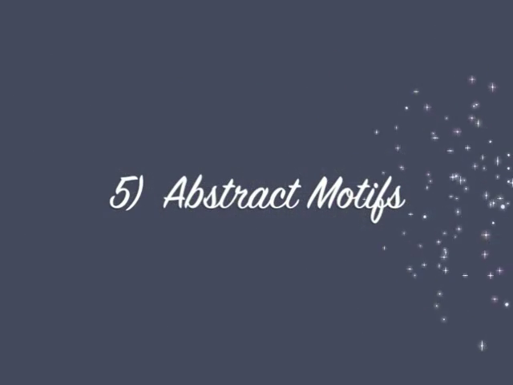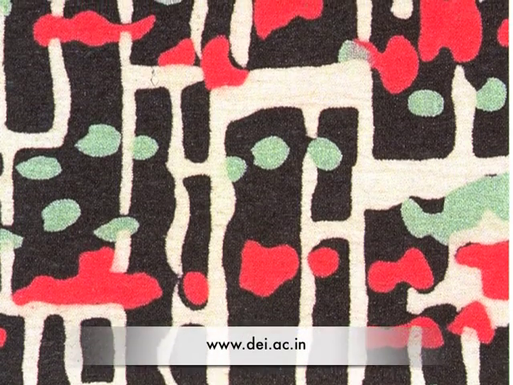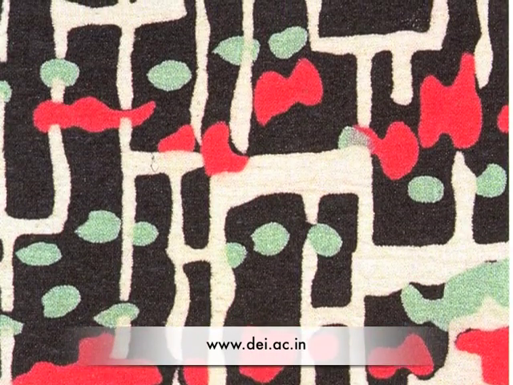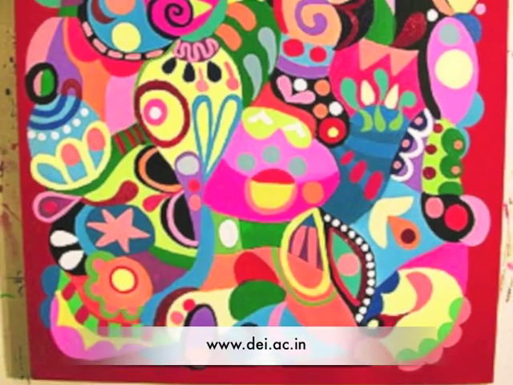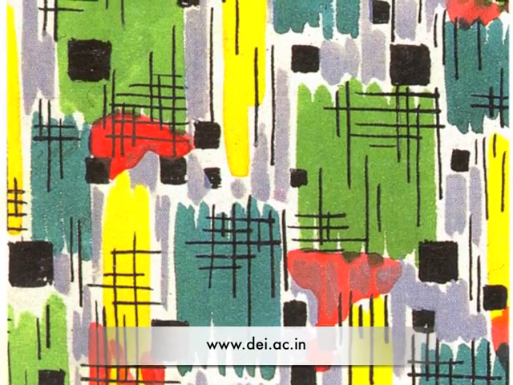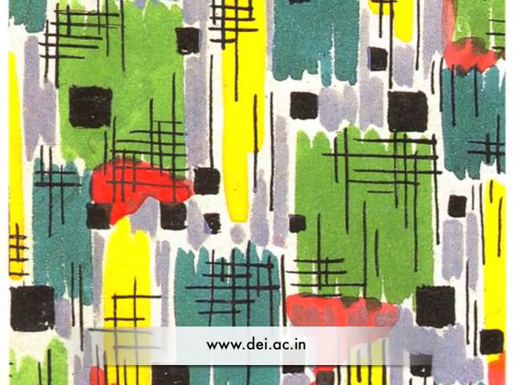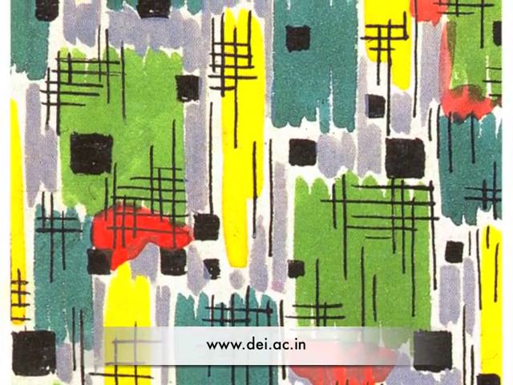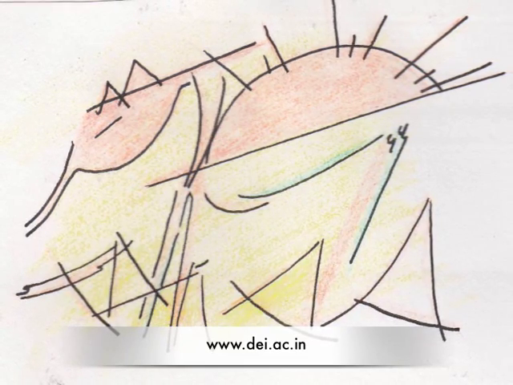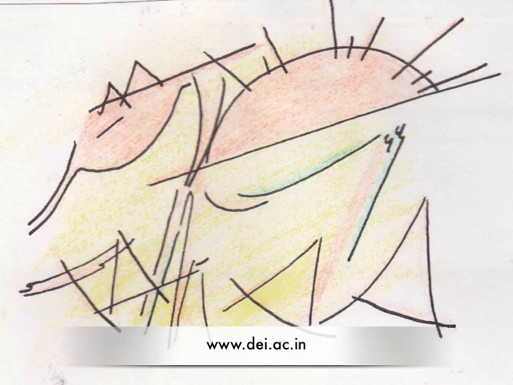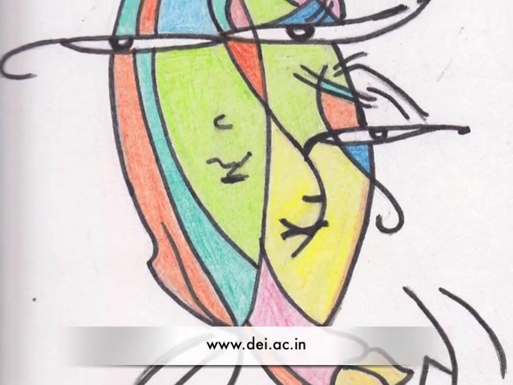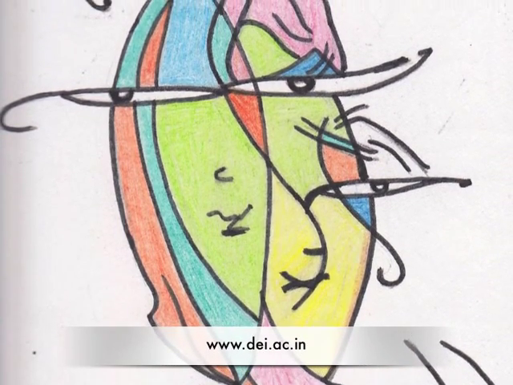Abstract. Stylized forms that may be a combination of geometrics as well as curvilinear shapes, and they don't have anything to do with the floral or things would be known as the abstract. Abstract is something which is in your mind. It is not the exact replica of what you see, but a kind of a shape which is in your mind and you have presented it.